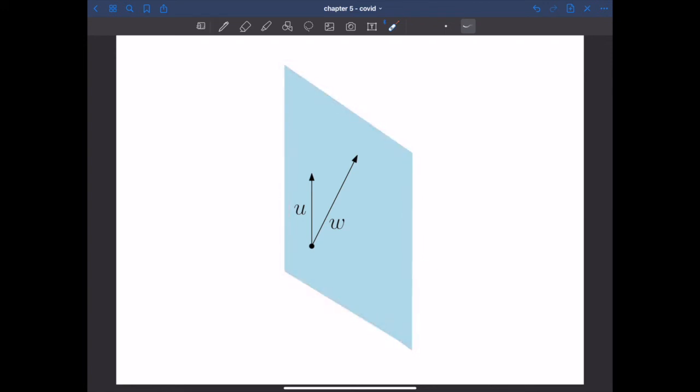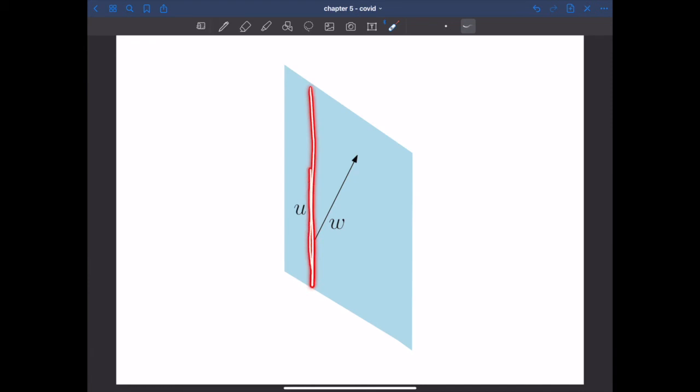Now, because u and w are not orthogonal, what we want to do is take one of them and modify it so that it becomes orthogonal to the other one. So for example, let's take the vector w. Now, if we look at the vector u, it spans a subspace, which is just a line right here.